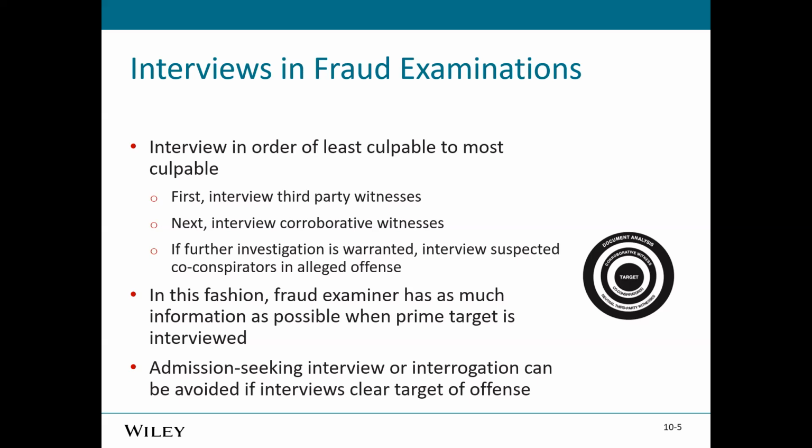By arranging the interviews in this order, we are able to get as much information as possible before we interview our prime target, and move into more of an admission-seeking interview or interrogation instead of just the regular interview.